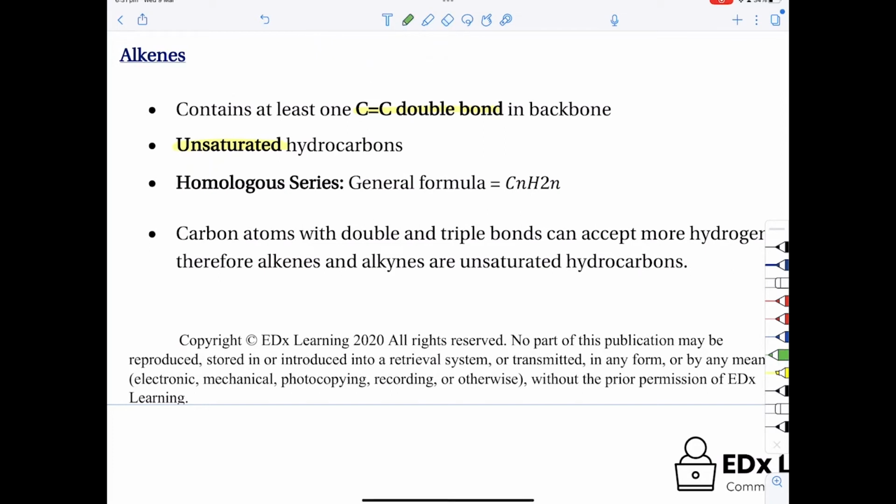So alkenes are a completely different homologous series because they have a completely different bond. Instead of the carbon-carbon single bond, they have a carbon-carbon double bond. Now, we call pretty much everything other than alkanes unsaturated, and we call our alkanes saturated. Why do we call alkanes saturated, and why are alkenes and alkynes not saturated?